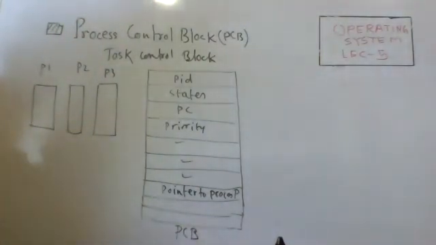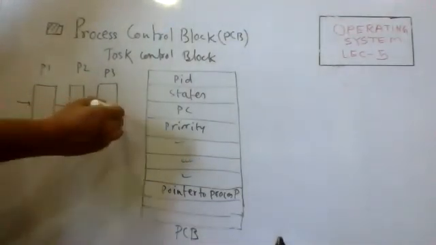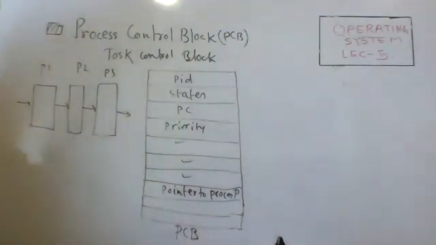Okay, and these PCBs are connected by a linked list, and when a process finishes its execution, then the operating system just deletes its PCB from memory. Okay, so this is PCB, process control block.